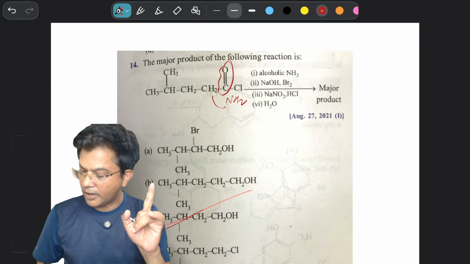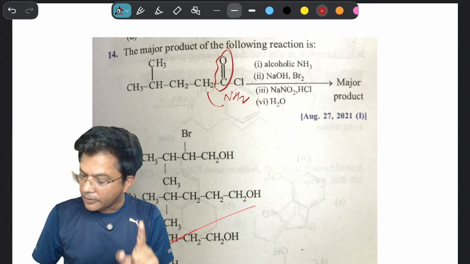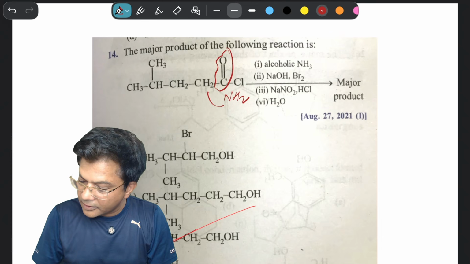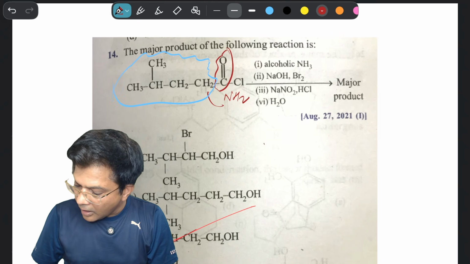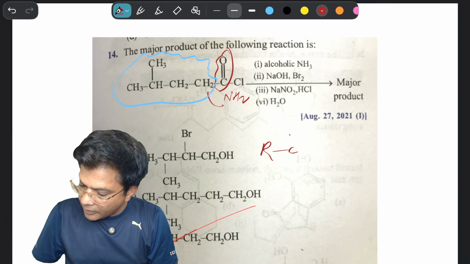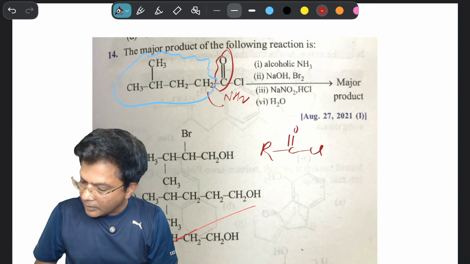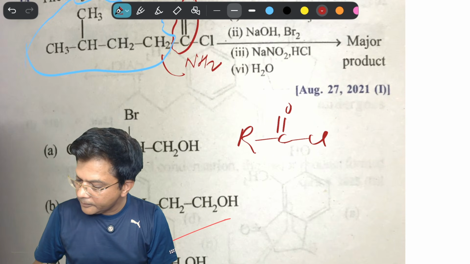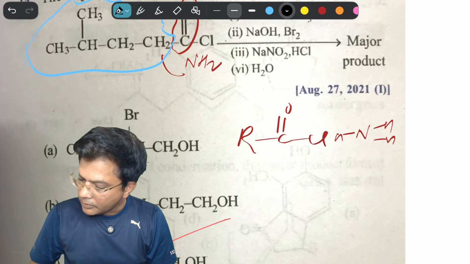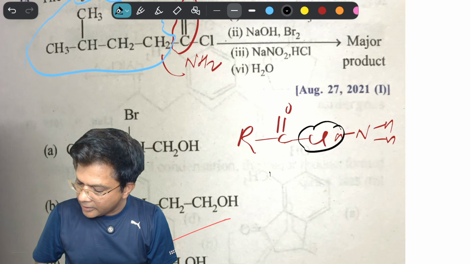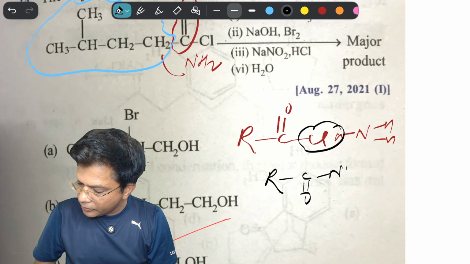If you're not able to understand, consider this to be R, and let me write down R COCl and ammonia. HCl will eliminate out, giving R, CO, NH2.